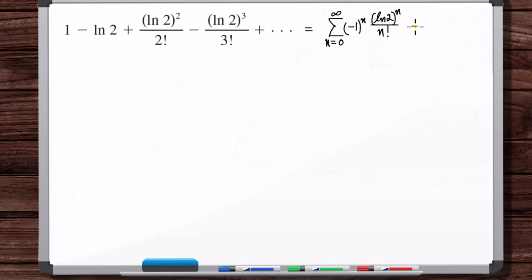So this is e to the minus natural log of 2. Okay, now we can simplify this. We could bring the minus 1 as an exponent on the 2, so we've got e to the natural log of 1/2. Now e to the natural log of anything is just the argument, so this is 1/2.